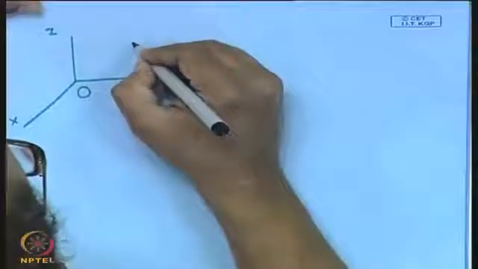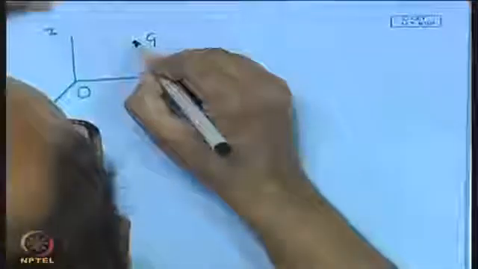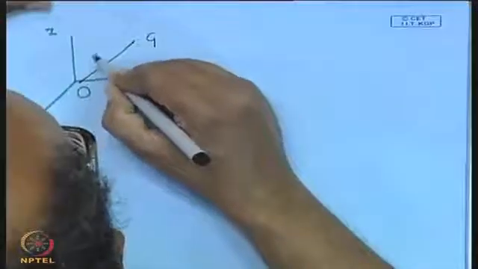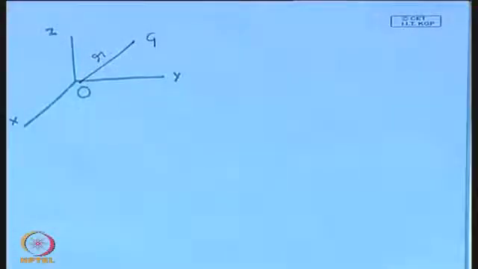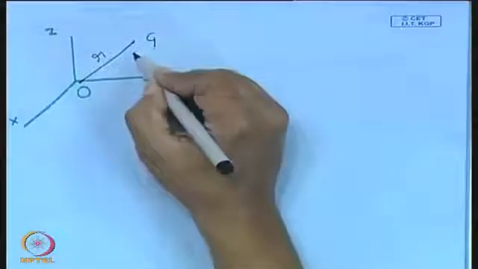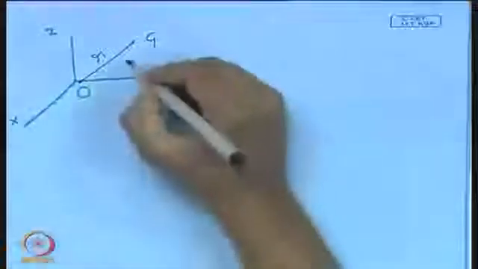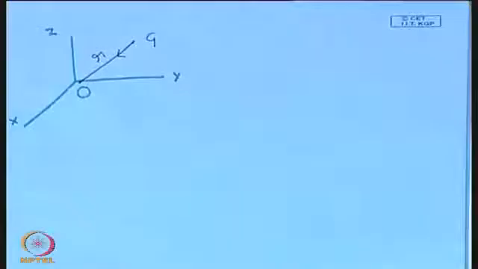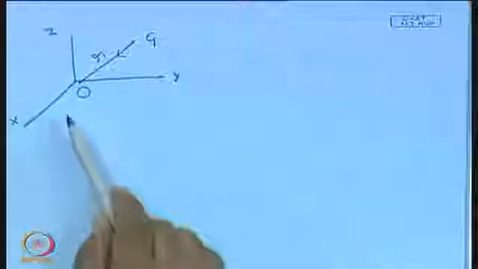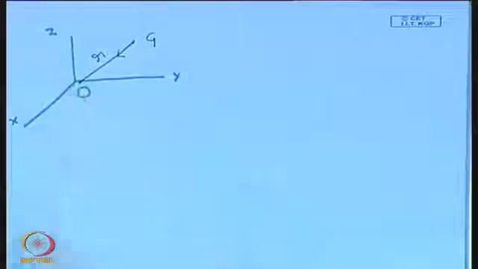These are the x, y, z comoving coordinates, and there is a galaxy G some comoving distance r away. Light is being emitted by this galaxy and reaches this observer. It is a very general situation, and here we are considering the observer at present, but it need not be so.